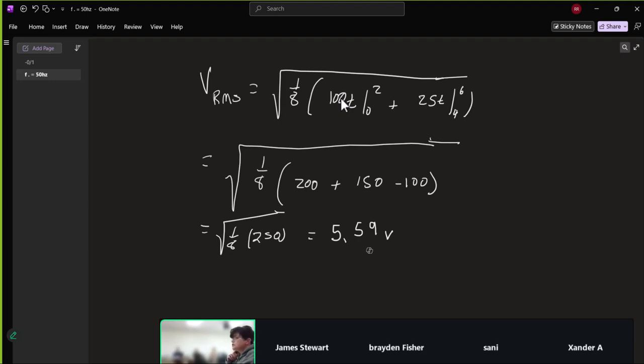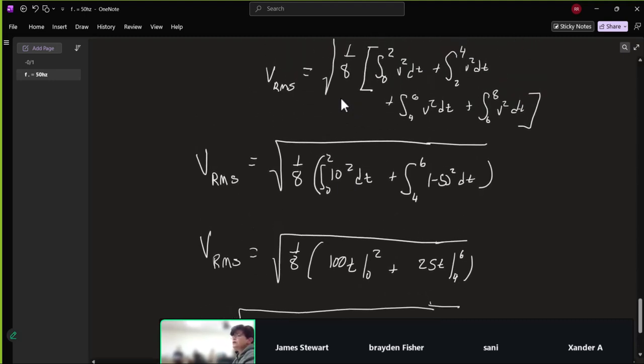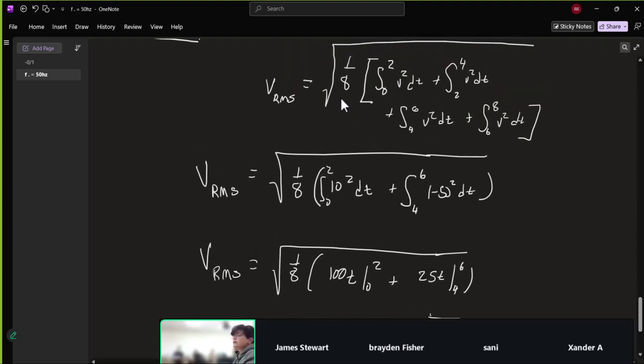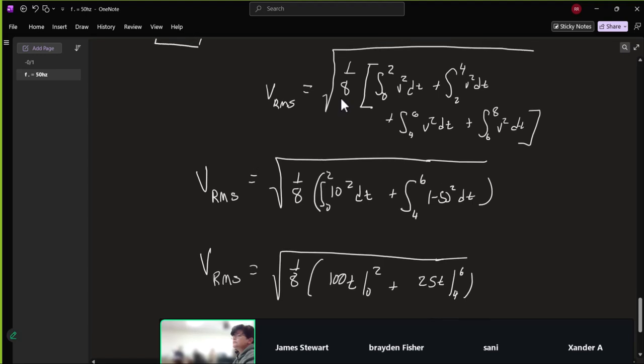It's just negative 5 in parentheses squared. If you scroll up to the integrals, you see VRMS equals 1/8. It's the second one. No, but that's from my bad handwriting. That's a parentheses. Oh, that's parentheses. Okay. I thought that was 1 minus. Yeah. Sorry. No, it's parentheses.